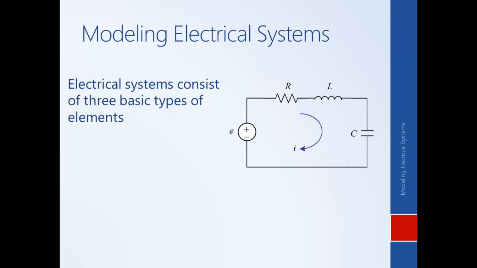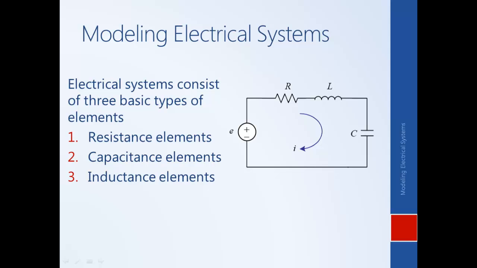When we discuss electrical systems and model them, we will consider 3 basic types of elements: resistance elements, capacitance elements, and inductance elements. Just as was the case with mechanical systems, where we talked about spring elements and damper elements, we don't literally mean resistors and capacitors. We could have a piece of wire and we can talk about its capacitance properties or its inductance properties.